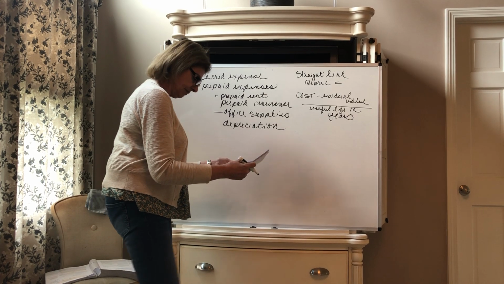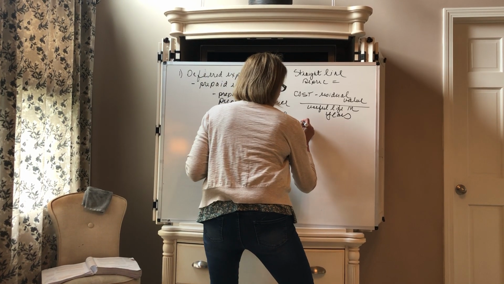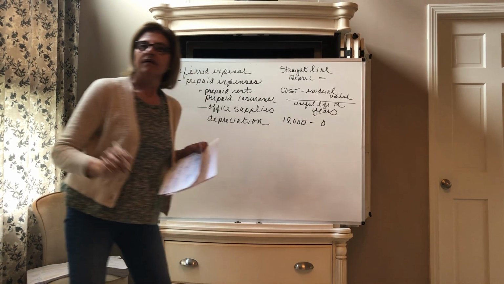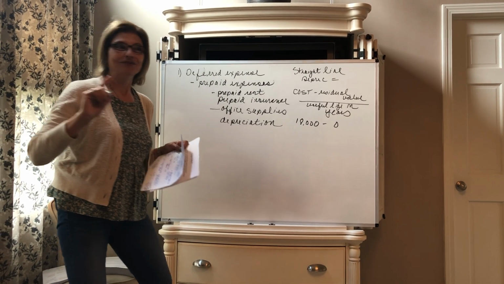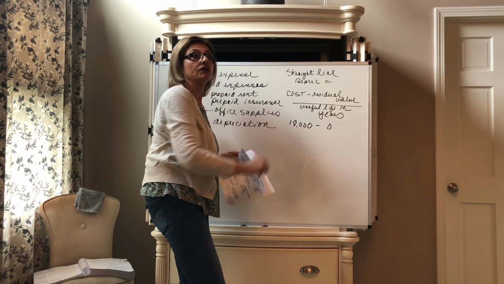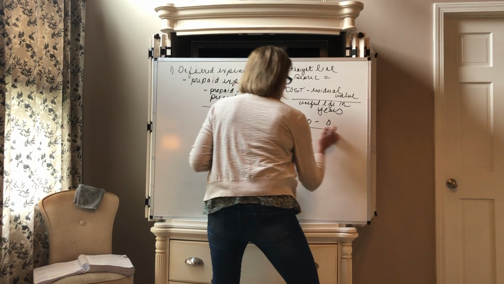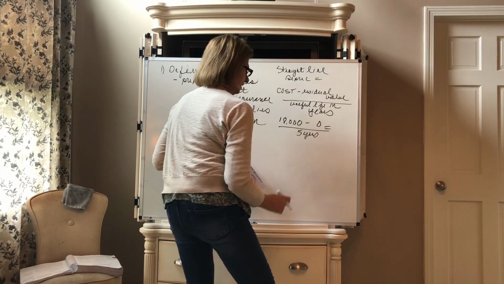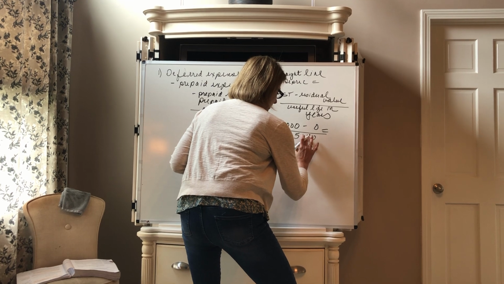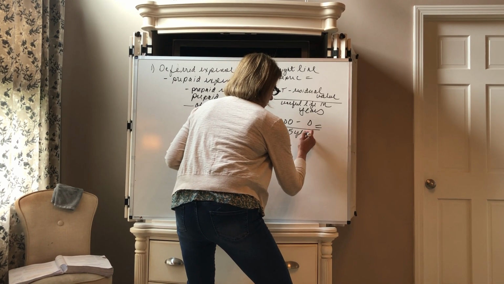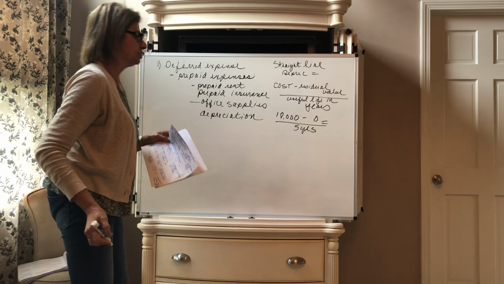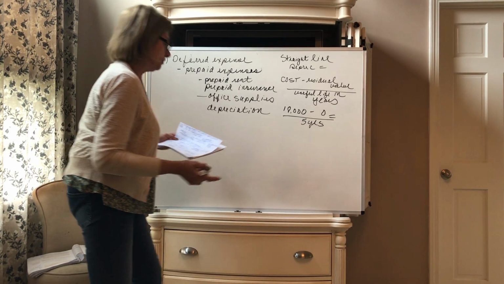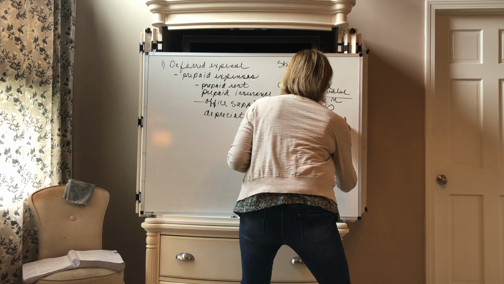So the cost is $18,000 for the furniture. And 0 is the residual value because furniture doesn't have residual value. But if it did have one, it'd tell you, so you could minus it out. The useful life is 5 years. So 18,000 divided by 5 years would be 3,600 a year.